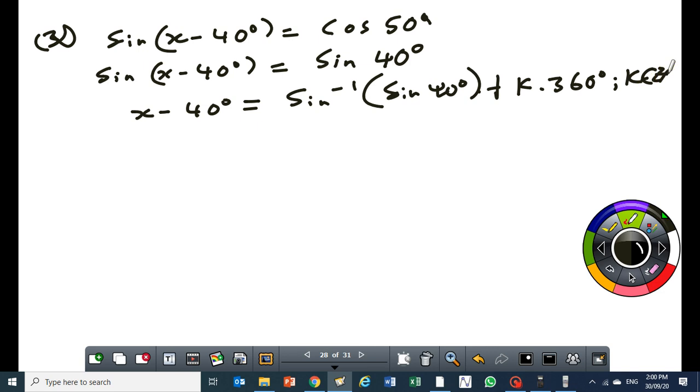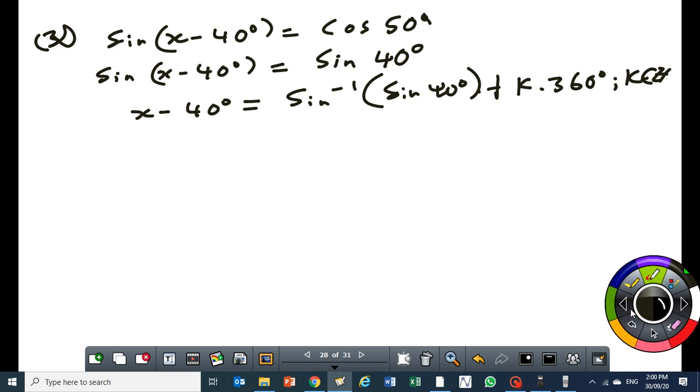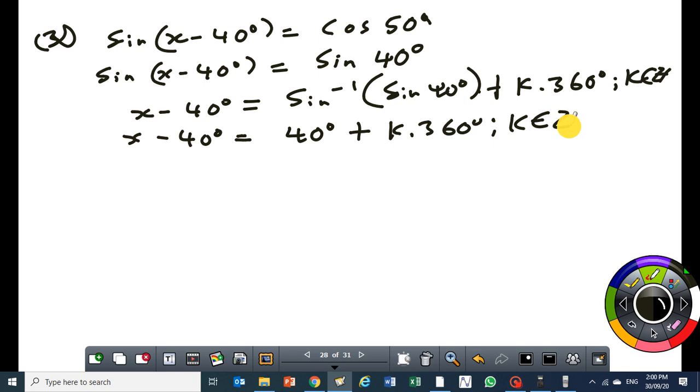Don't worry, I'll show you an example like that just now. So here, we end up having x minus 40 degrees is equal to 40 degrees plus k times 360, where k is an element of Z.